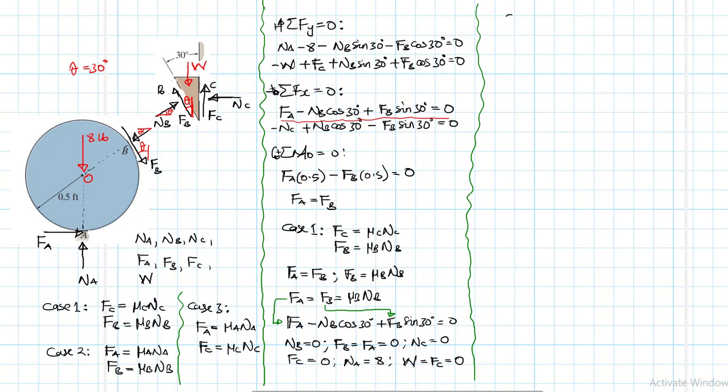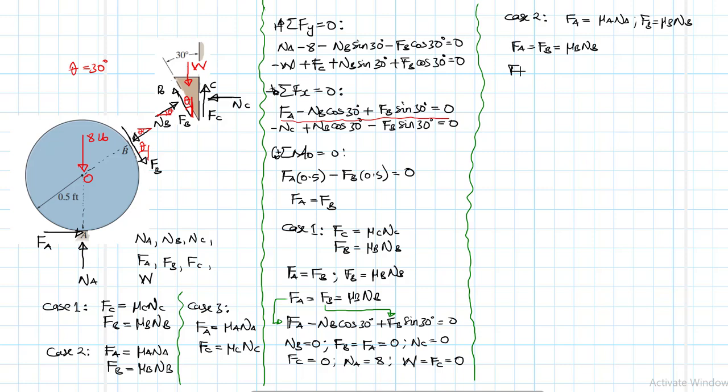So we go to case number 2. In case number 2, we assume impending motion at A and B. So FA is equal to mu A NA, and FB is equal to mu B NB. So the same equation, we have FA, which is equal to FB, which is equal to mu B NB.